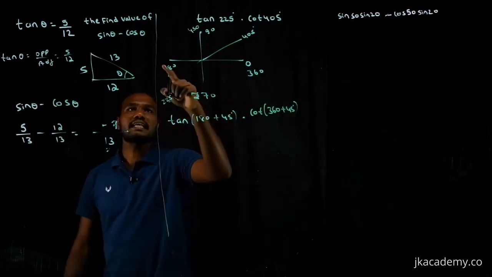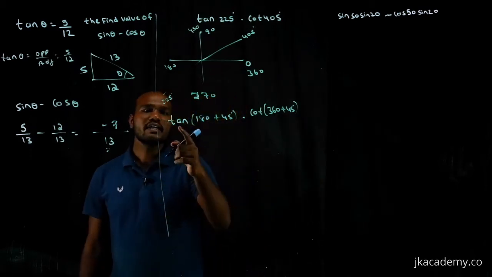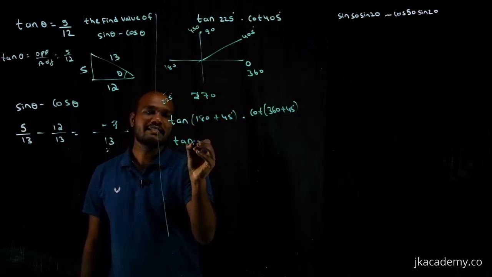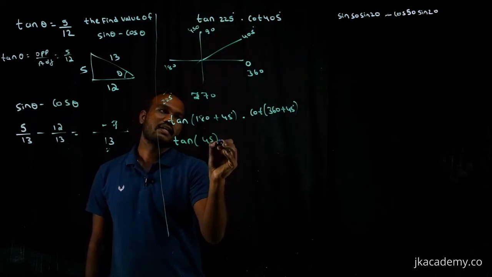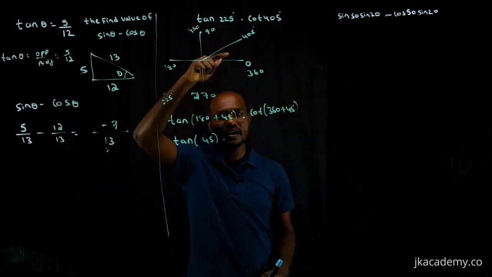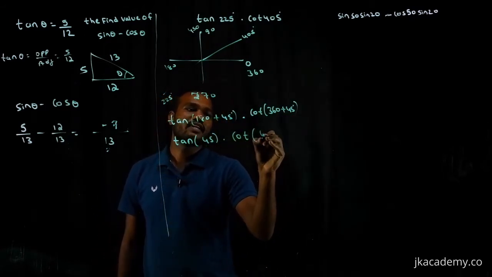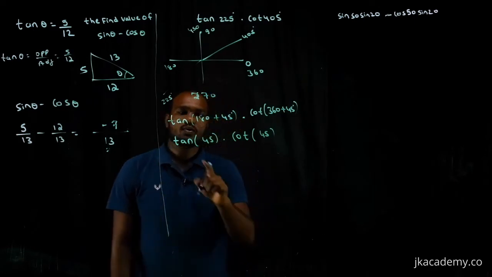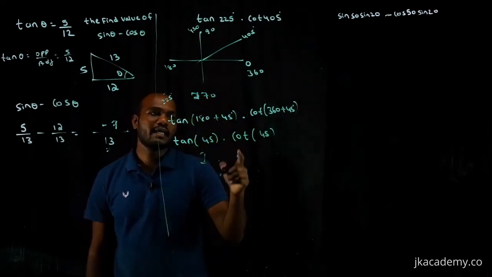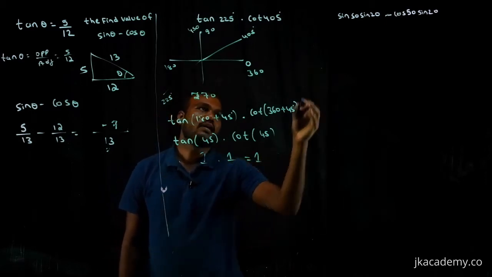Tan of 180 plus, that is the third quadrant. We can directly see this is in the third quadrant. In the third quadrant, tan is positive. We will take tan as it is. Tan 45 degree times, again cot of 360 plus, we can say this is in the first quadrant. In the first quadrant, cot is positive, so we'll keep it as it is, and 45 degree we'll keep with it. So tan 45 is 1, again cot 45 is also 1. So 1 into 1 is 1, right?